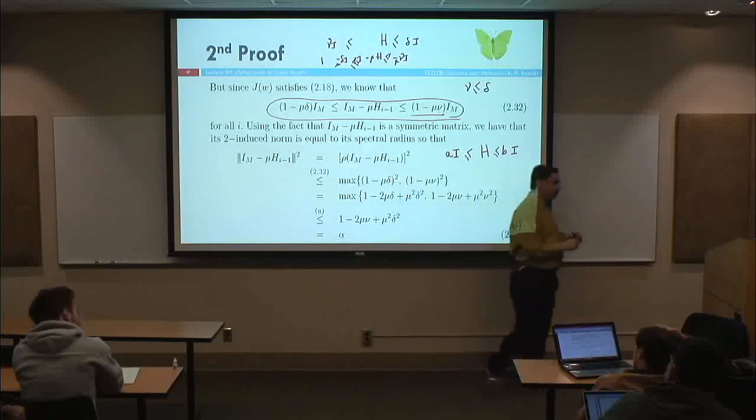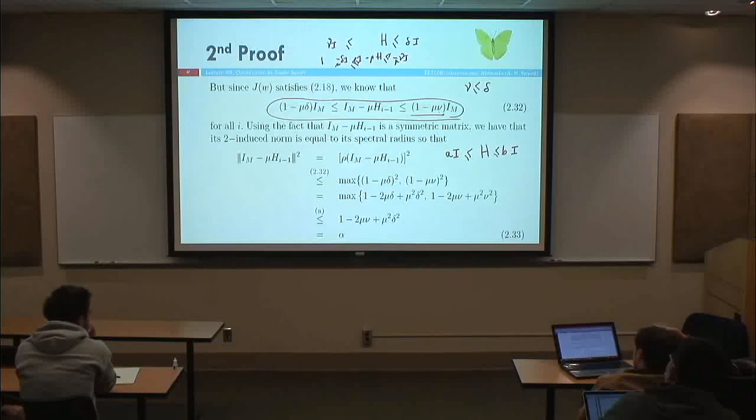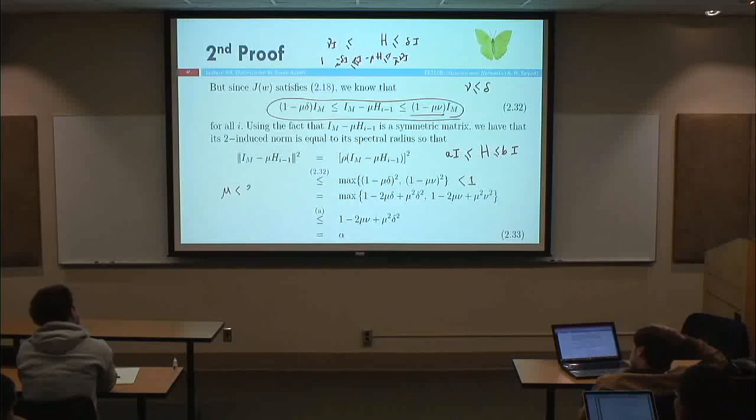Why? Look here. What do I want? I want this to be less than 1. So I want 1 minus mu delta to be less than 1. That will give me a bound on mu like this. For this to be less than 1, it will give me another bound on mu like this.